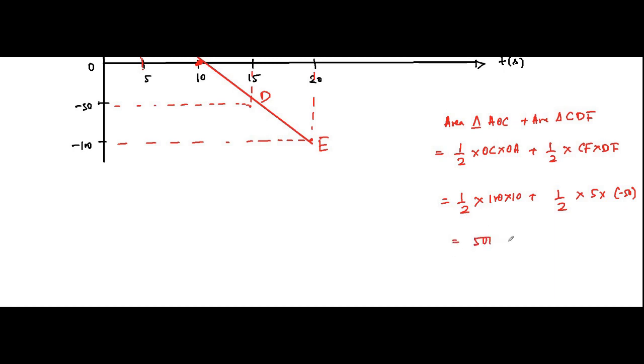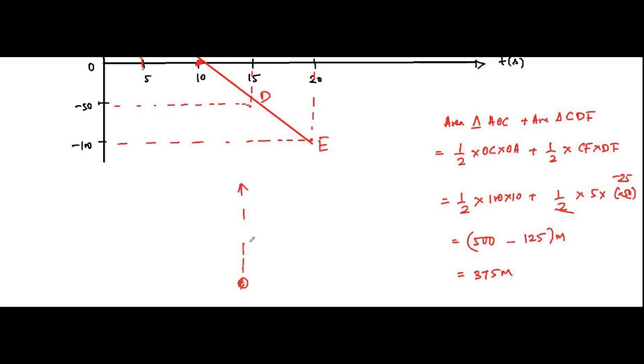So this is again 500 minus 125 meters, and that is equal to 375 meters.